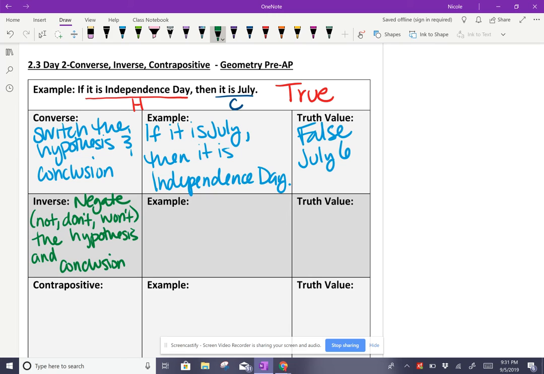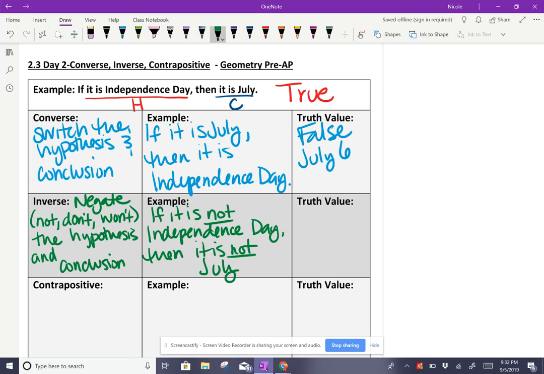And I'm going to add the word not to both sections of this statement. If it is not Independence Day, then it is not July.